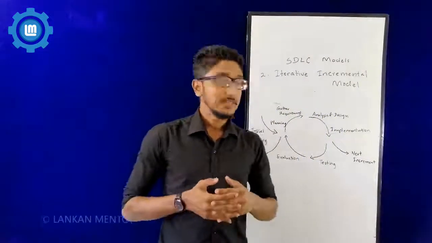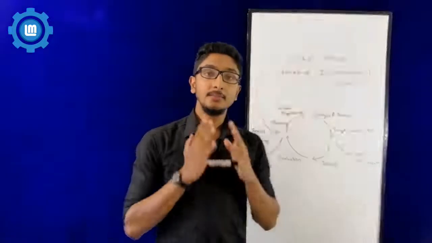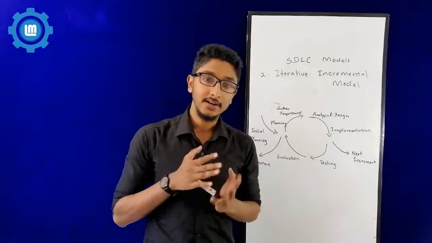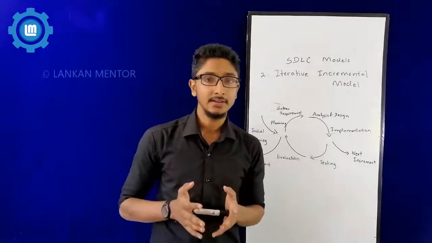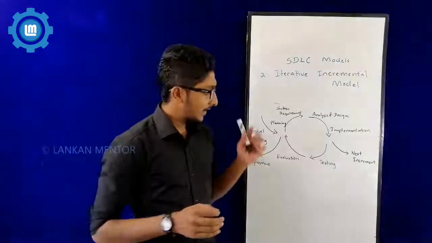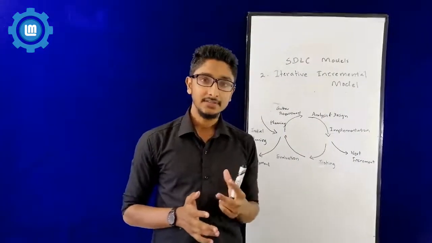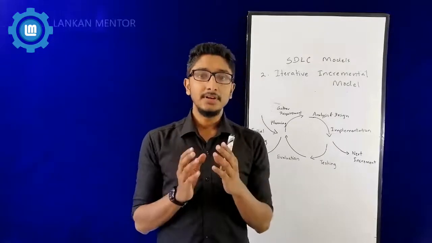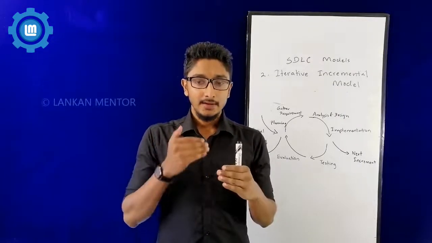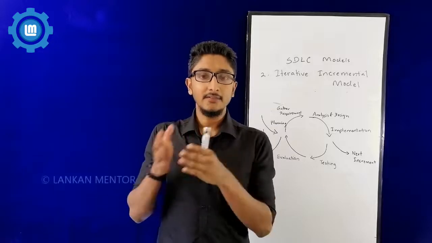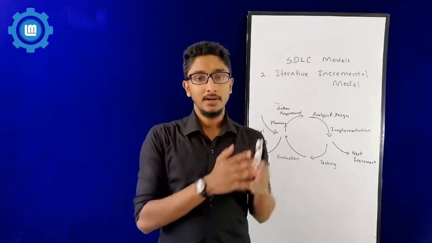Right. So second is iterative incremental model, right? We also call it iterative model, incremental model, anything, right? Now, this iterative incremental model has got its name because we develop the whole system in a repetition, in an iterative fashion, which means one by one.